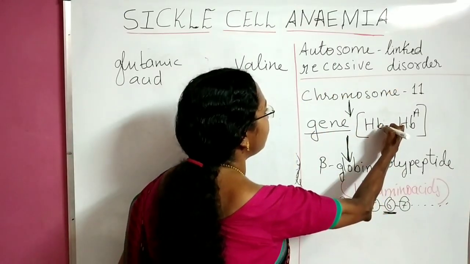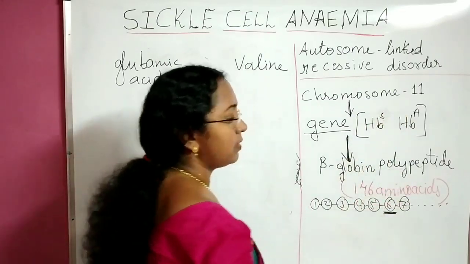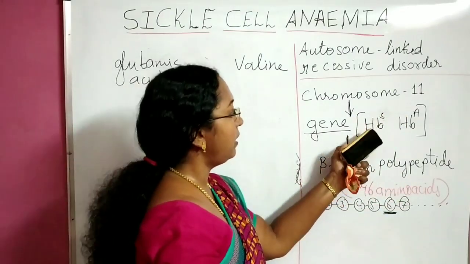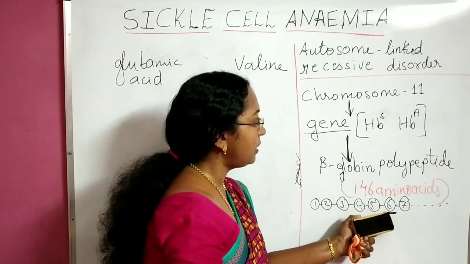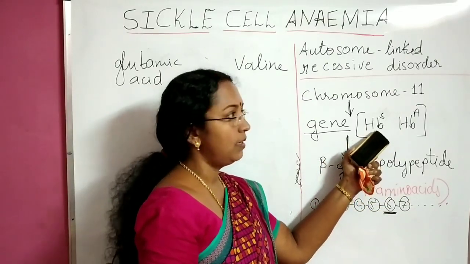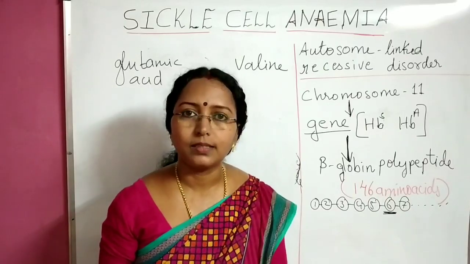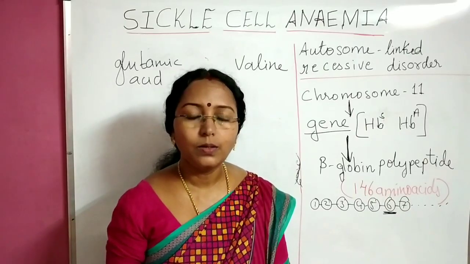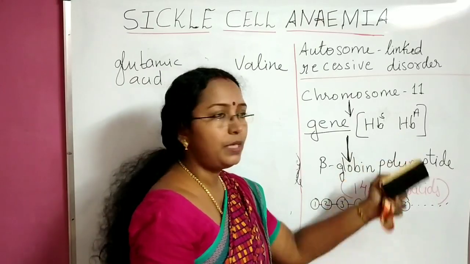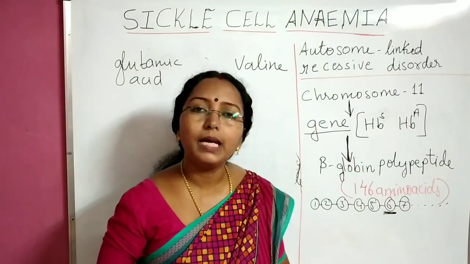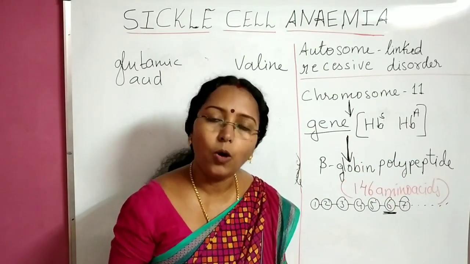One allele is becoming sickle-celled. That is, in this allele, in the 6th position, it will code for valine. But you see this allele, it will code for glutamic acid. So this is coding for glutamic acid, normal. So the person will actually look normal.